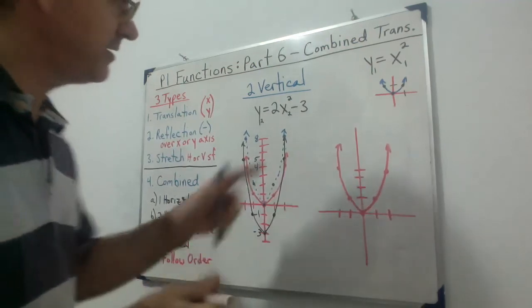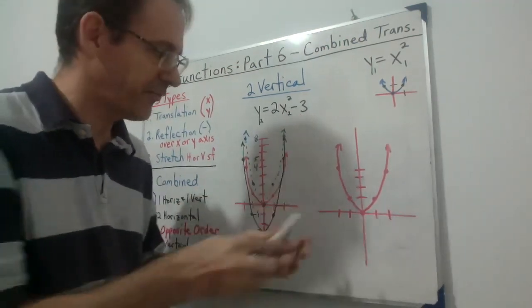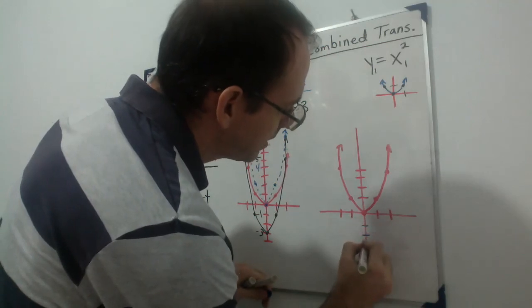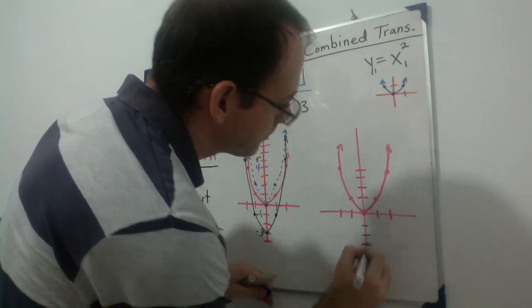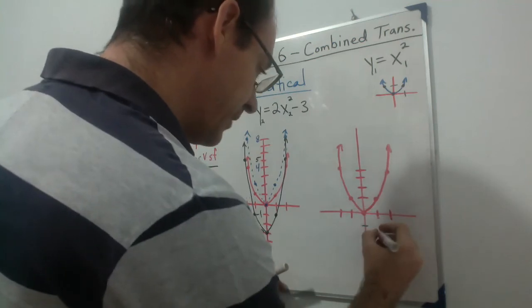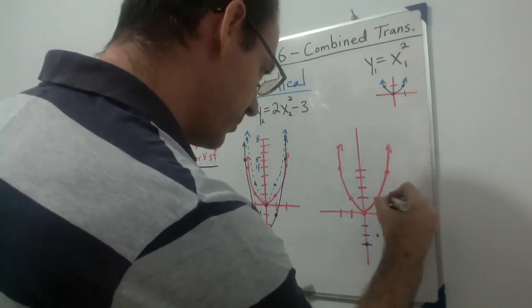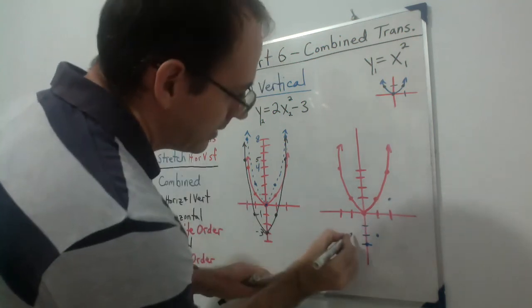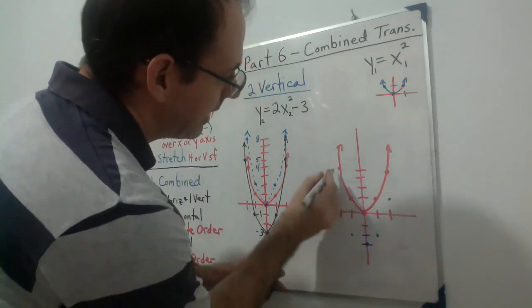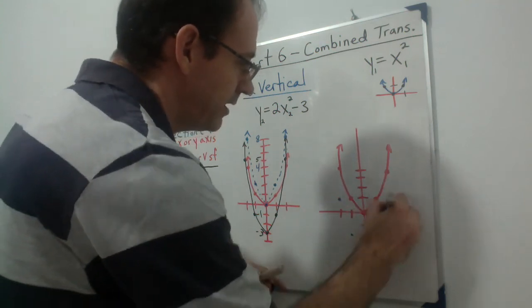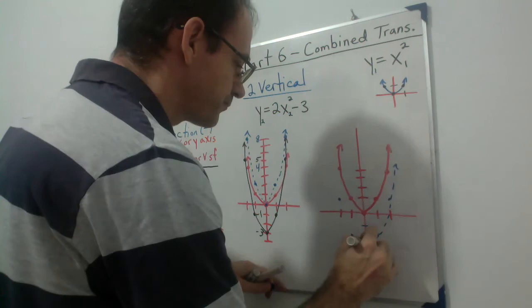And if we had done the translation first, that would bring us down to -3. And this one down to -3 would be right here. This one down -3, 1, 2, 3 would be right here. And then we would have this one, and this one would be down to right here. So this would be the first step.